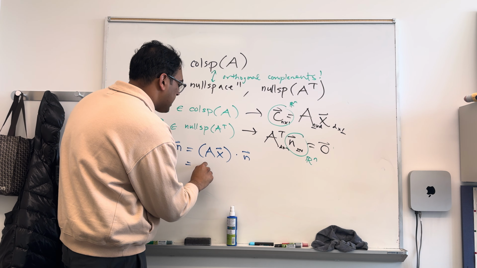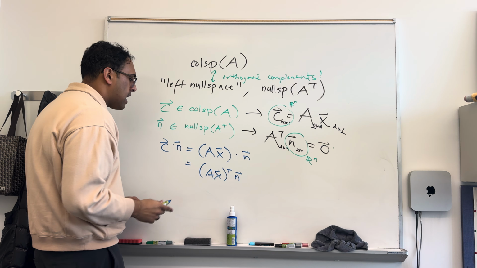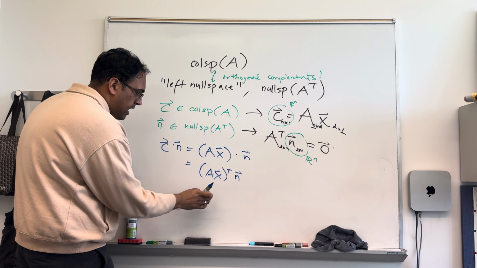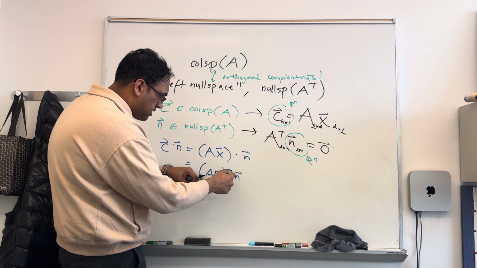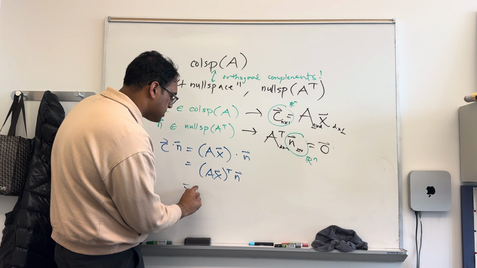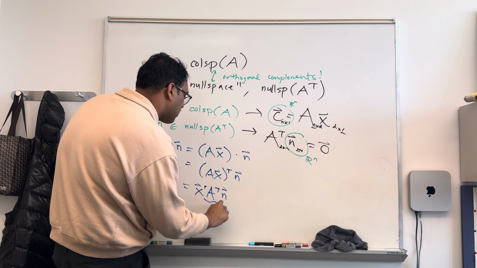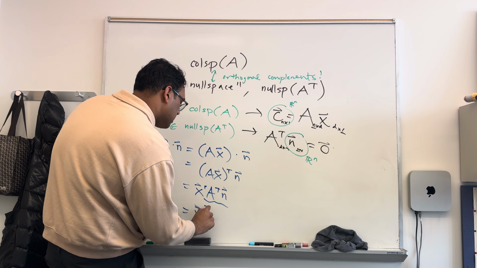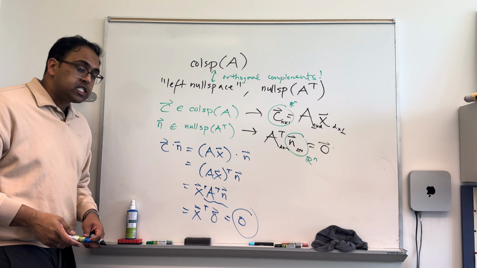Then I can employ the equivalent way of writing the dot product as AX transpose N. Then distribute the transpose operator within the parentheses. So this gives me X transpose, A transpose N, and there we have that 0 vector once again. So this is X transpose the 0 vector, which gives me 0, the scalar.